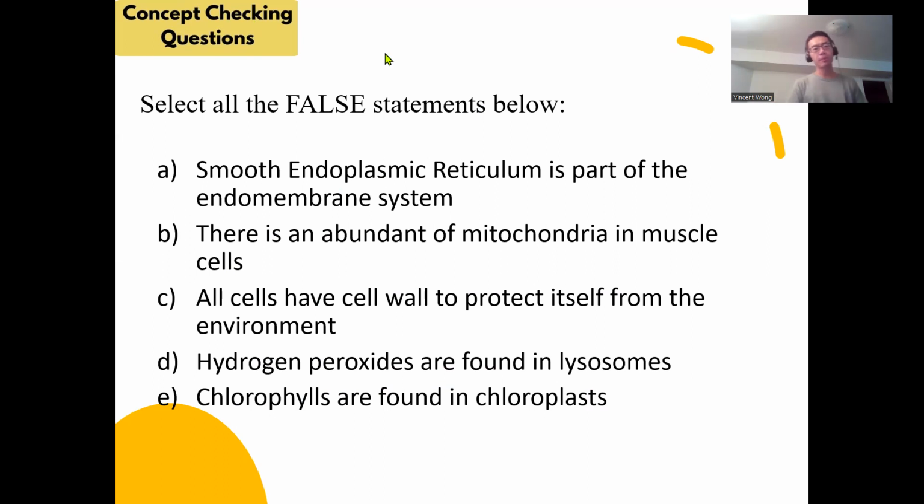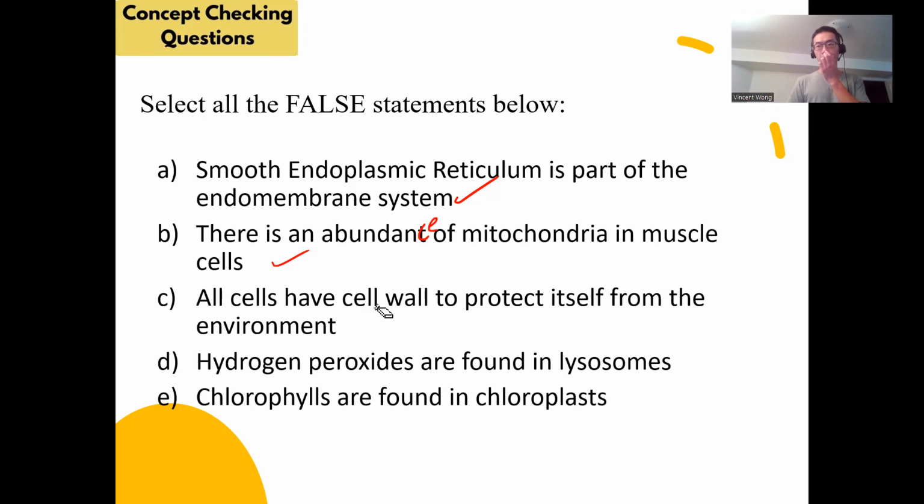Smooth ER is part of the endomembrane system. That is correct. It's not false. There is an abundance of mitochondria in muscle cells. That makes sense. Mitochondria are needed for making energy, and muscle cells have a lot of movement, so you need a constant supply of energy, and you would expect to have more of them.